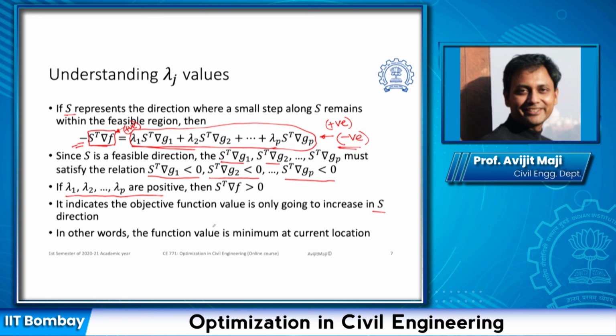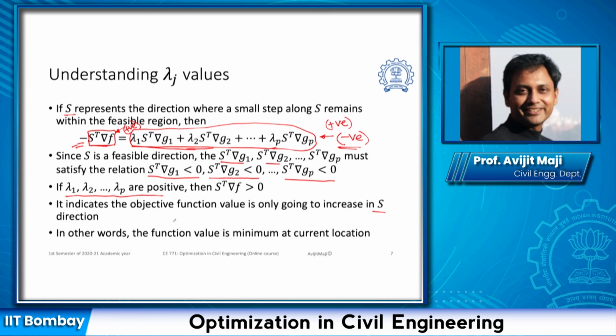So in other words, if we are standing at a point, and from there we try to find a direction in which all the active constraints are satisfied, and the Lagrange multipliers are found to be positive, then in that direction my function value is going to be increasing, which means that we are actually at the minimum point.